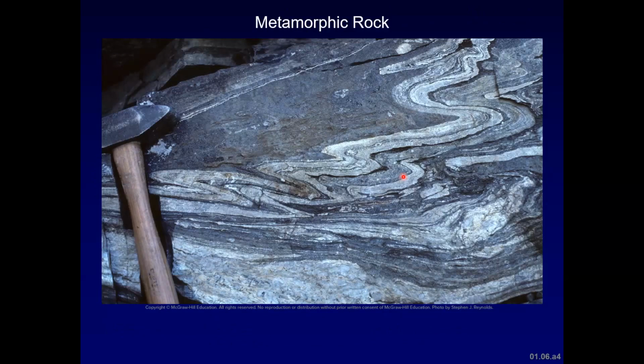So a metamorphic rock began as some other type of rock, but something called deformation squeezed the rock, folded its layers, changed the way its crystals appeared, and it is now a metamorphic rock. This one began as an igneous rock.